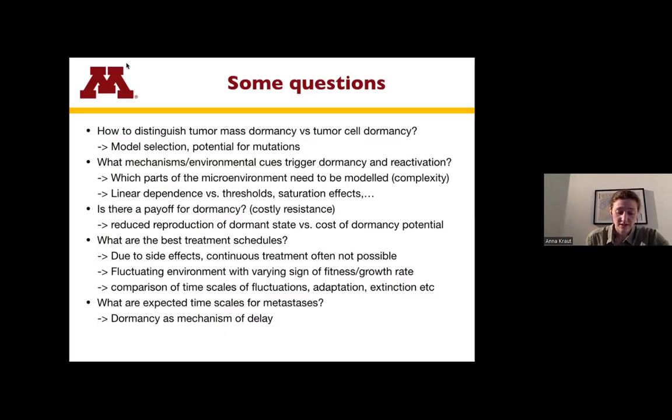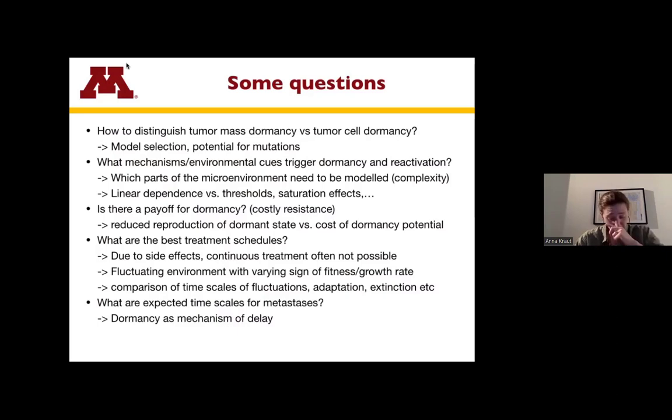It's important to study what mechanisms and environmental cues actually trigger dormancy and reactivation. As a consequence, we need to think about which parts of this microenvironment actually need to be modeled when deriving these biological models. So which parts do we actually need to depict in our models?